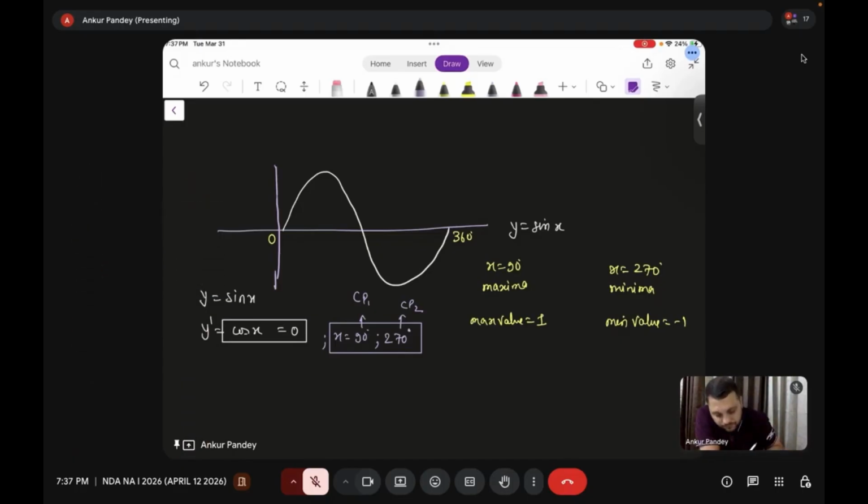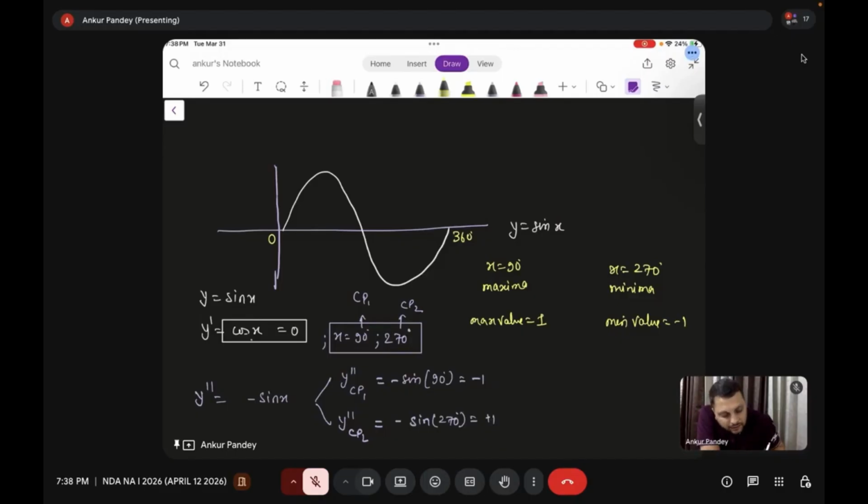Second, now I am re-differentiating. Differentiation of cos x is negative sin x. So the value of y double dash at CP1 is negative sine of 90 degree, which is coming -1, and the value of y double dash at CP2 is negative sine of 270 degree, which is coming +1.